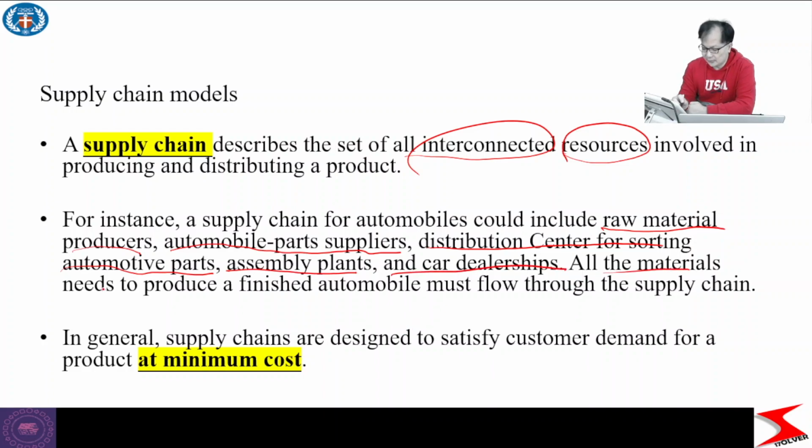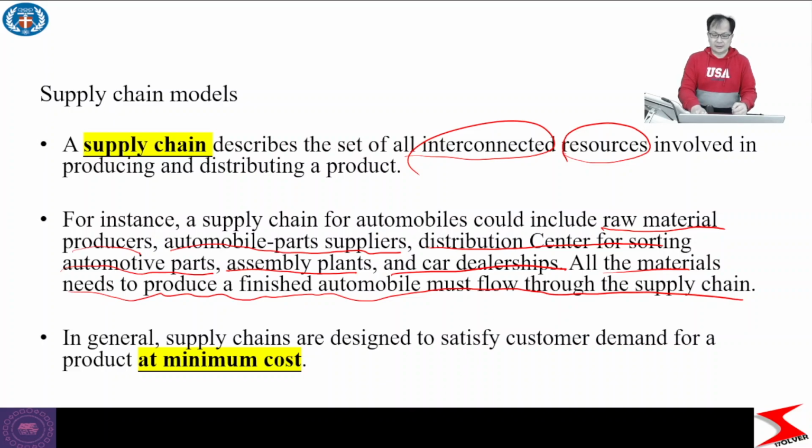All the material needed to produce a finished automobile must flow through the supply chain. So this very simple example describes the automobile industry. It belongs to the supply chain model, which can be represented by the network flow model. Okay, so in general, supply chains are designed to satisfy customer demand for a product at a minimum cost.